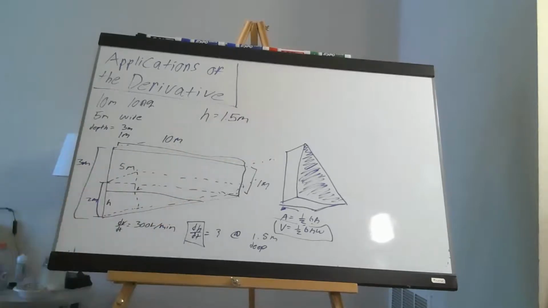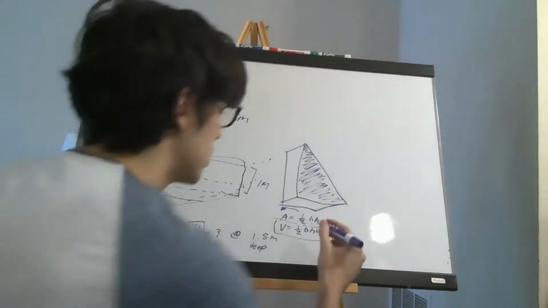So h equals 1.5 meters, because it's at 1.5 meters deep, so it's going to be in terms of height. Now we have another constant that we can work with. We know that h is a constant that we can plug in for. So let's solve for b. Let's see if we can work this out.